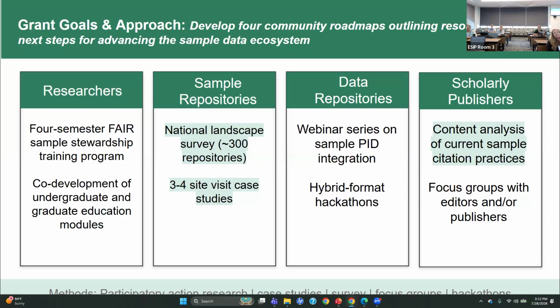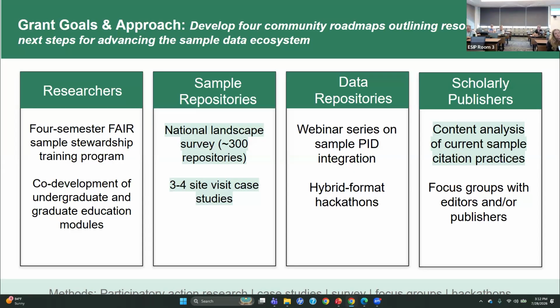So we have stipend support for 37 researchers to engage with us in a 4-semester education and working program where they will receive lectures and guest speakers from across the sample ecosystem, and then take that information and apply it in their own context to start to curate their sample collections. And then it's going to be reciprocal and iterative.